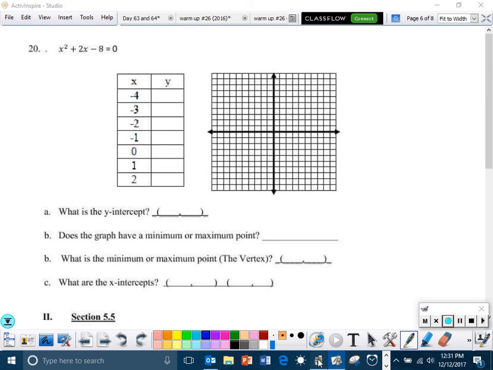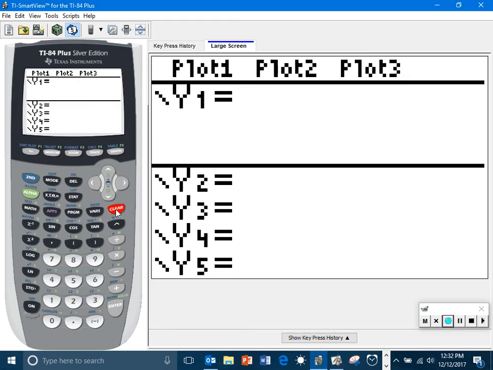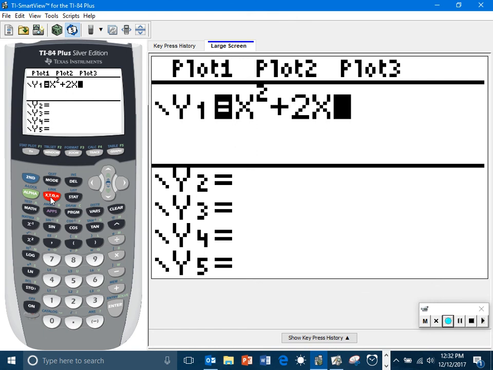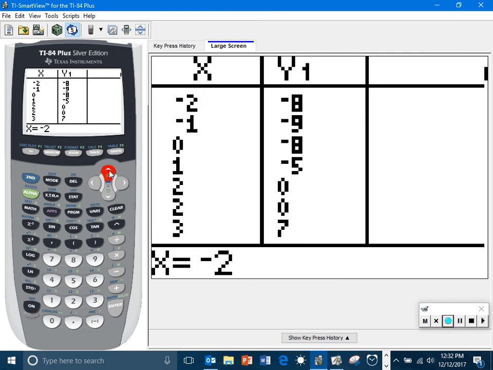Let's do the same thing. So we're going to go to our calculator. We're going to go to our y equals, clear that out. Let's type in x squared plus 2x minus 8. Go to the table. Okay, now you need to line the table up with the table on your paper.